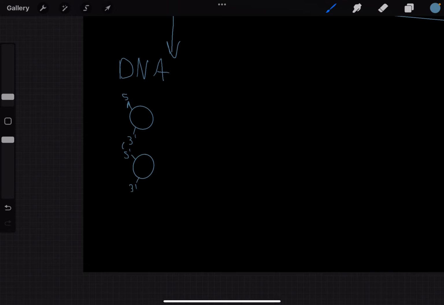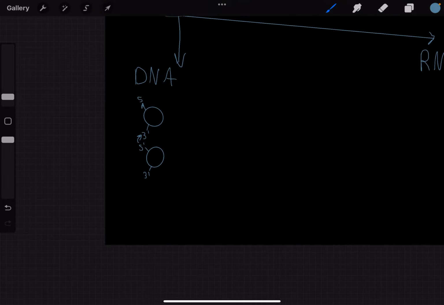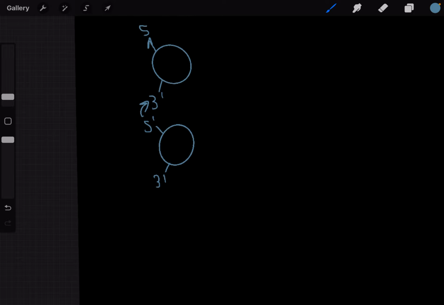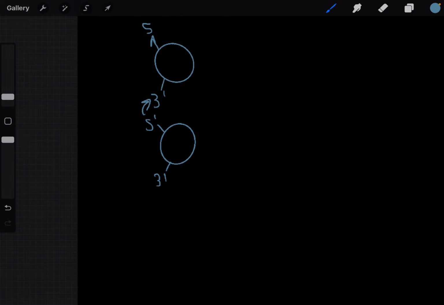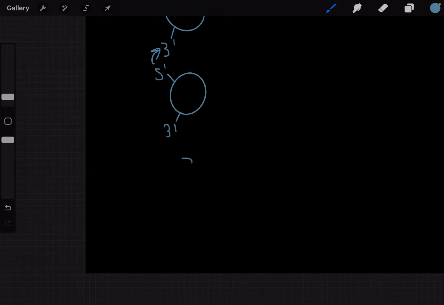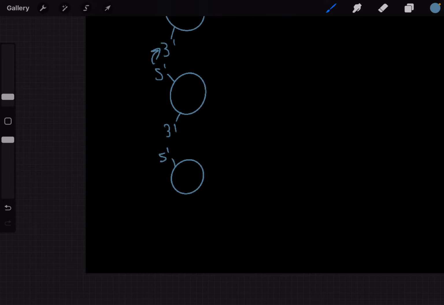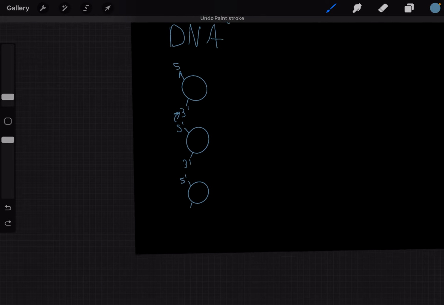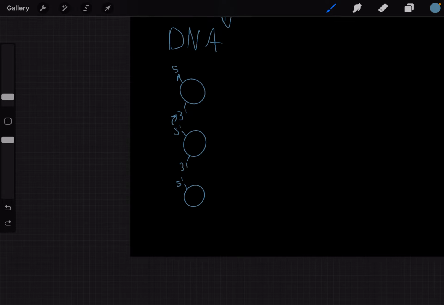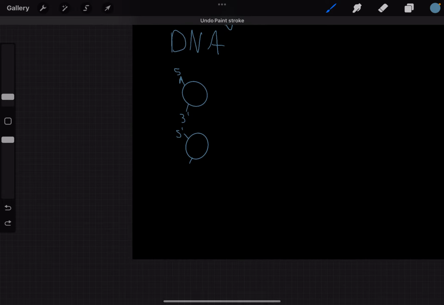And the 5 prime will always connect to the 3 prime. The 3 prime never connects to the 5 prime. So the 5 joins to the 3, and we'll have another polynucleotide right here with the 5 prime and a 3 prime, and the 5 prime will again connect to the 3. So it goes from top to bottom in an organized manner.